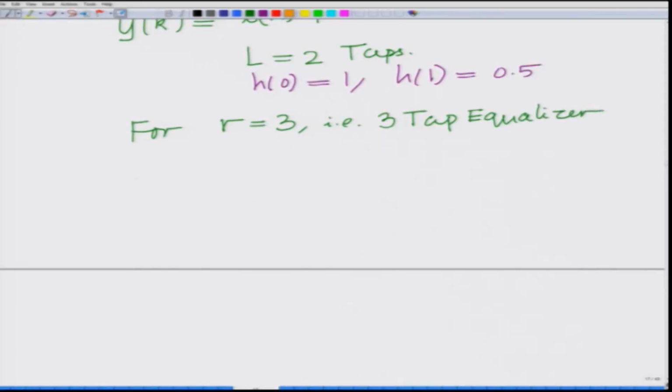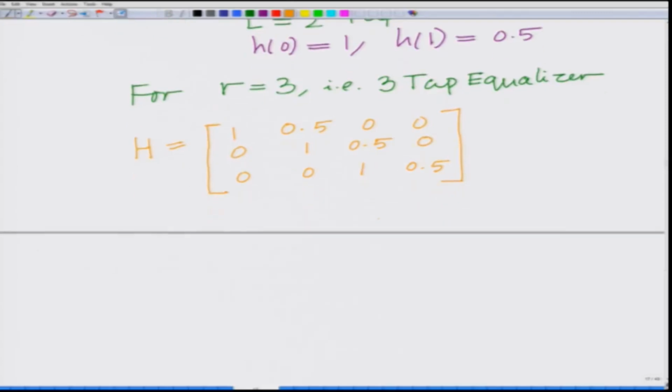We have seen that the matrix H is basically 1, 0.5, 0, 0; 0, 1, 0.5, 0; 0, 0, 1, 0.5. Okay. So, this is the matrix.